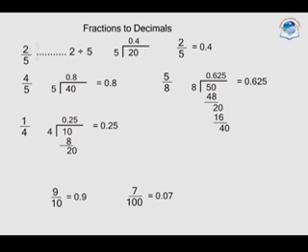For mixed fractions, we can first make them improper fractions. For example, 2 and 3 over 4, we have 11 over 4, and then we divide normally. 4 goes into 11 2 times because of 8. We subtract and we get 3. At this point, we do not write remainder 3.